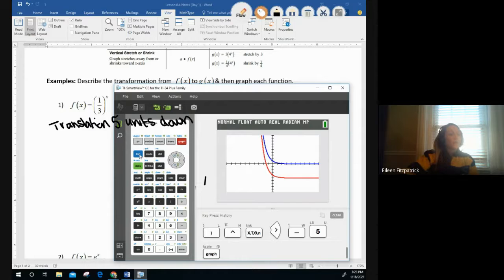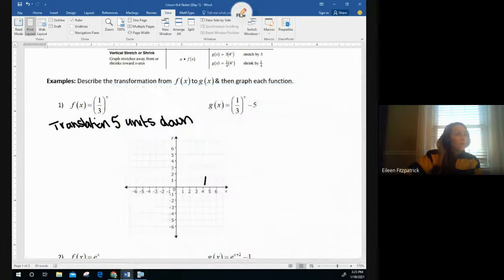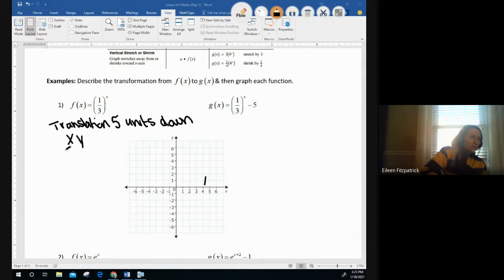And then I'm going to go to second table. You can just copy down some of the coordinates. This will be the one and only graphing one that I actually do with you guys. So I'm going to list some of the coordinates and then plot the points. For my f of x function, I'm going to graph -2, 9; -1, 3; 0, 1; 1, 1/3; and then 2, 1/9.